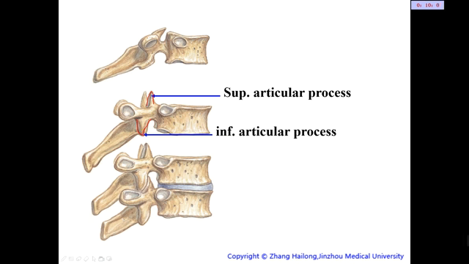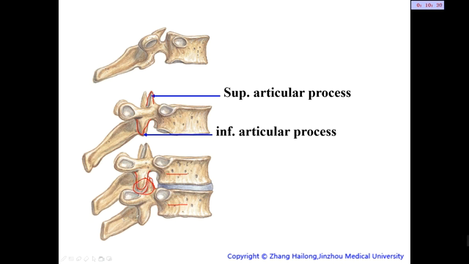From this picture you see this is the inferior articular process belonging to the upper vertebra, and this is the superior articular process belonging to the lower vertebra. The two processes connect to each other and form a joint. Here is one joint, the zygapophyseal joint between the two vertebrae.